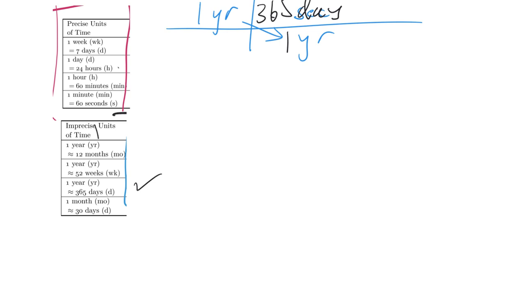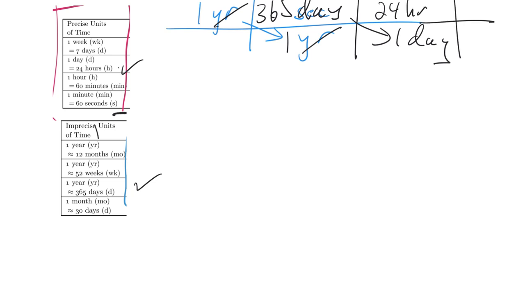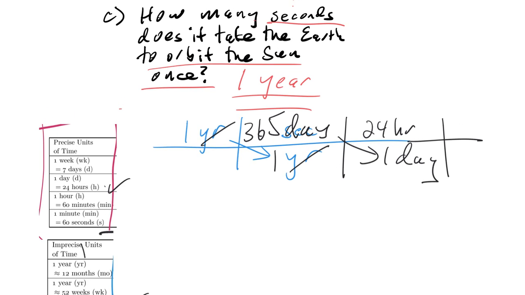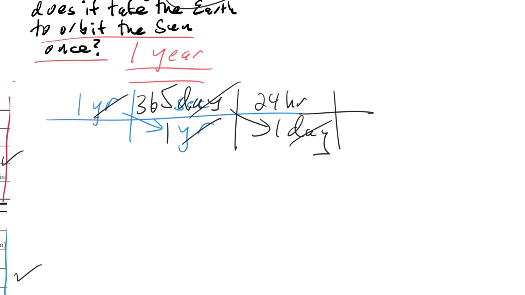Okay, and then from there, the years cancel out, and I start fresh. I keep on going. Days. Do I know how many seconds are in a day? No, but I know there's 24 hours in 1 day. Is hours what I want? No, I want seconds. So keep crossing out the units that cancel out.